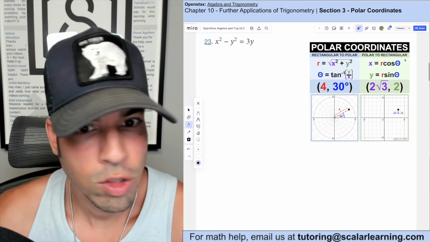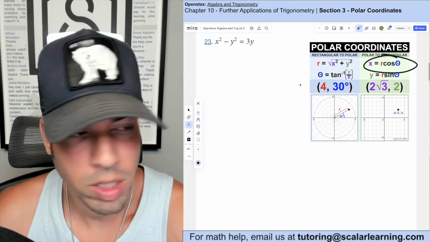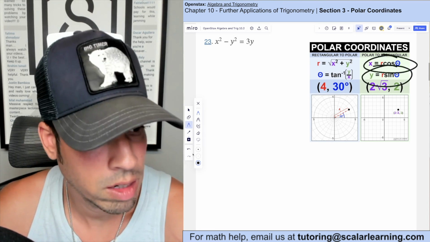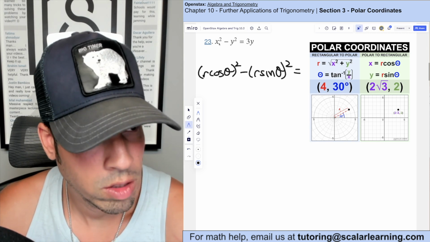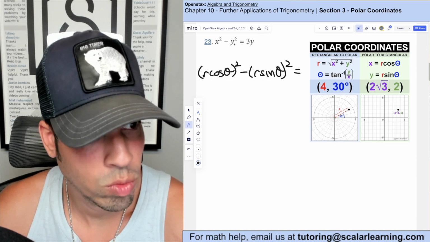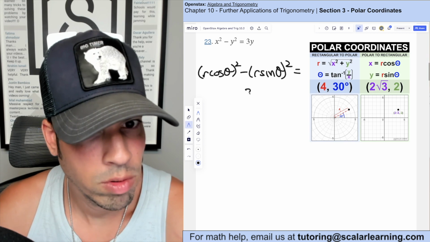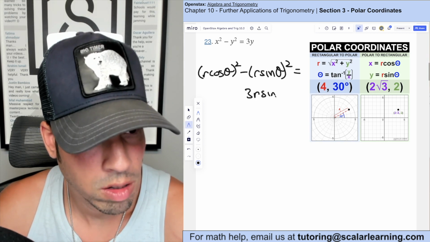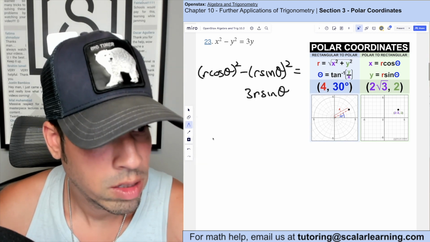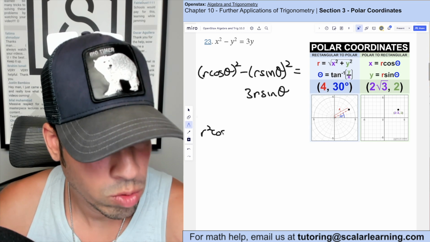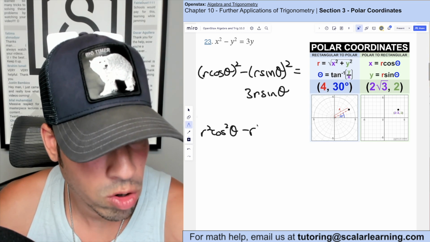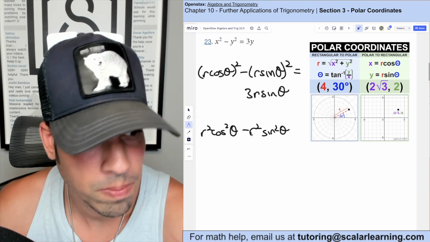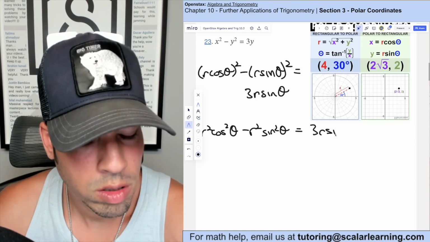Done. So for this one, we're going to start by substituting r cosine theta for x and r sine theta for y. So we got r cosine theta squared replacing x, r sine theta squared replacing y. And then here we've got 3 times r sine of theta. Now we're going to square all of this, and it's going to become r squared cosine squared theta minus r squared sine squared theta is equal to 3r sine theta.